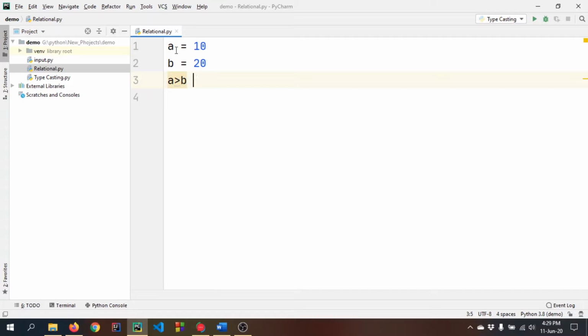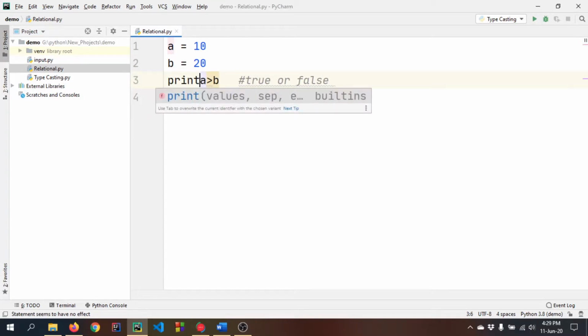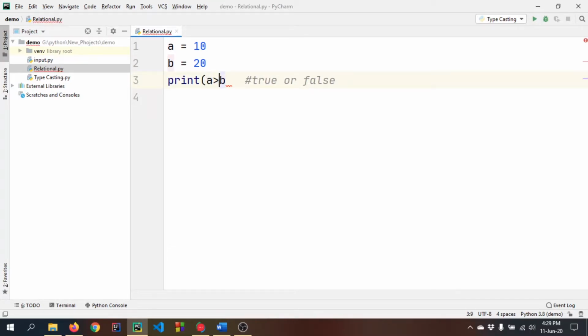And our relational operators always give us the answer in boolean. What is boolean? It will give us true or false. Suppose if we print this in our console, we will see false because a is not greater than b.